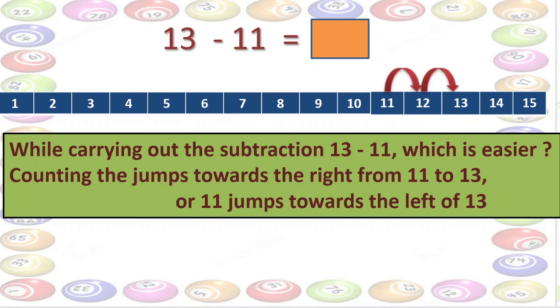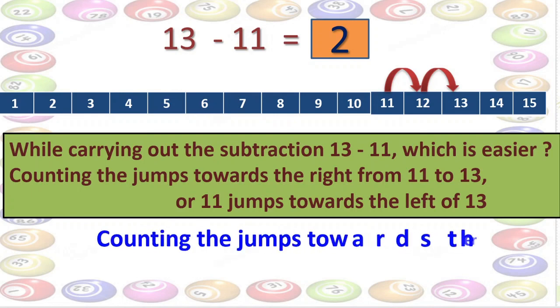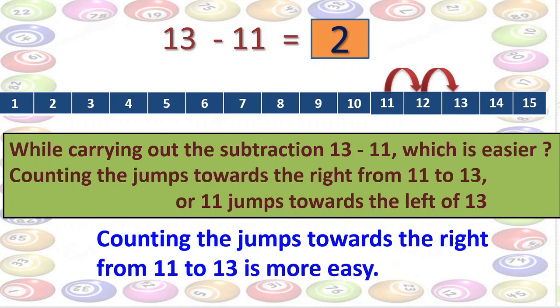Only 2 numbers. From 11 to 13. That is towards right side. Right? What is the answer? 2. If you count from 13, 11 numbers backward, you will get same 2 as the answer. Answer will remain same by both the methods. But you have to decide which method to follow. Okay? Here we can say counting the jumps towards the right from 11 to 13 is more easy in this case. Right?